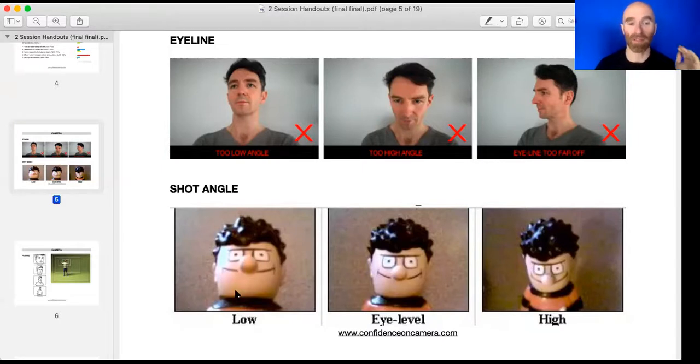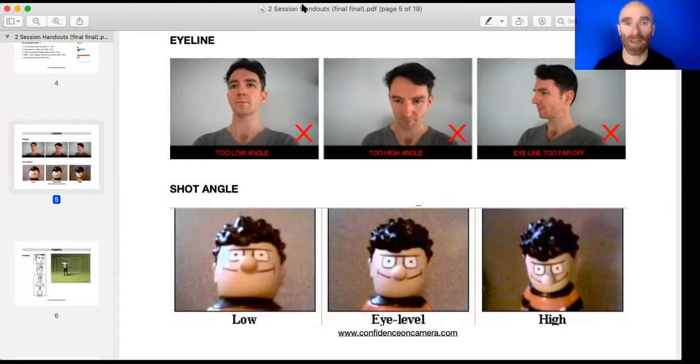You're placing the camera below you, above you, or at eye level. Now, ideally, what you want is this here, eye level and not directly at the camera, but just beside the camera. So our threatening little strange plastic man here is looking directly at the camera, which you would not want to do for a film and TV audition. You would want your eyeline just off to the side.